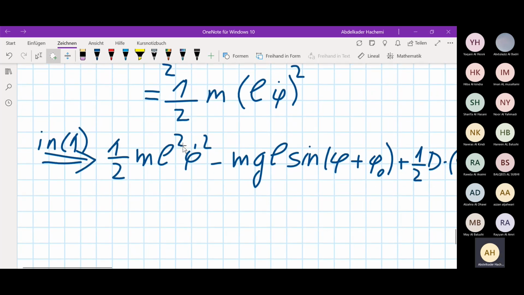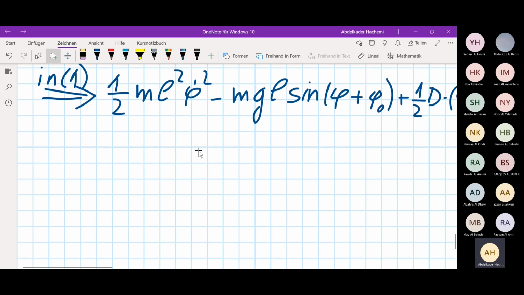The differential equation is always phi dot dot plus omega square phi equal to 0. To obtain this, we have only to derive that. It means we take the derivative of the equation 1 prime divided by dt.